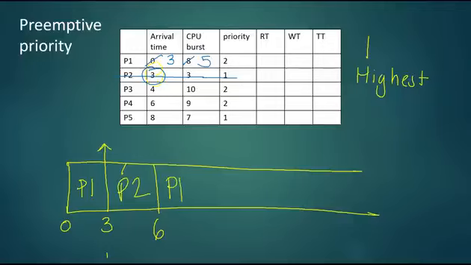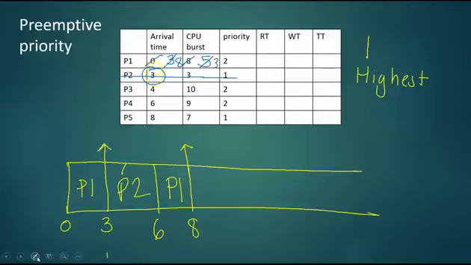Now if you notice that P5 is going to arrive at time 8, and P1's CPU burst is going to go past that time. So at time 8, P1 is once again going to get preempted and have to go back into the ready queue because it is a lower priority. So P1 will go back into the ready queue at time 8, and we'll still have 3 time units of CPU burst left.